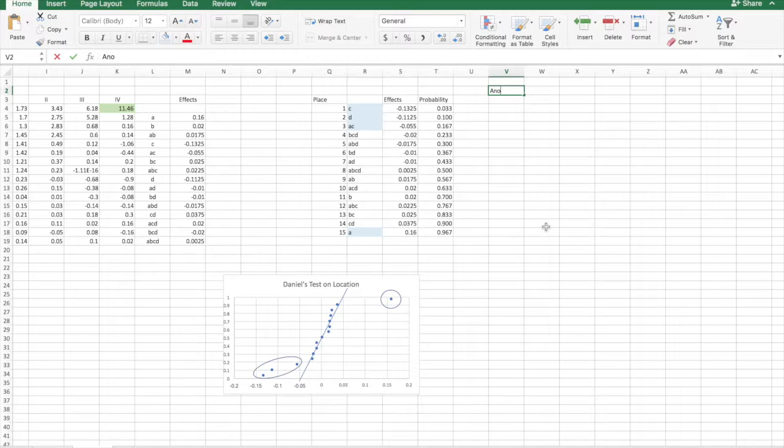We have to make an ANOVA, and so we have to make the sum of squares. The sum of squares, we can calculate it from here.